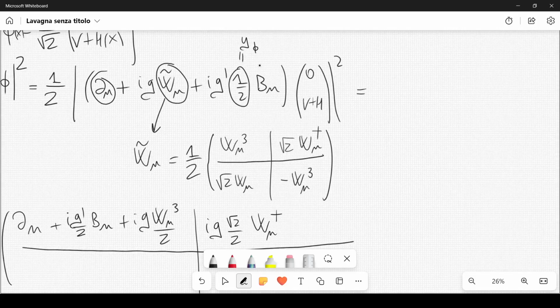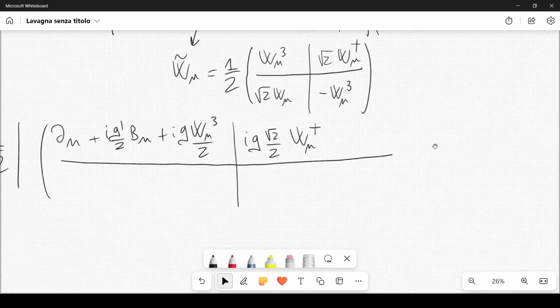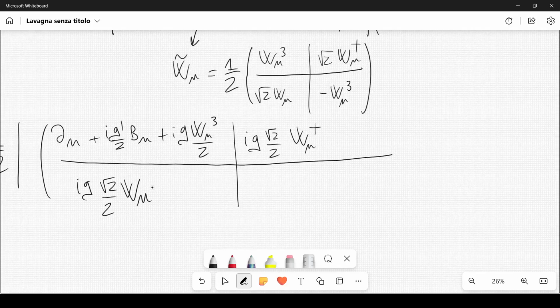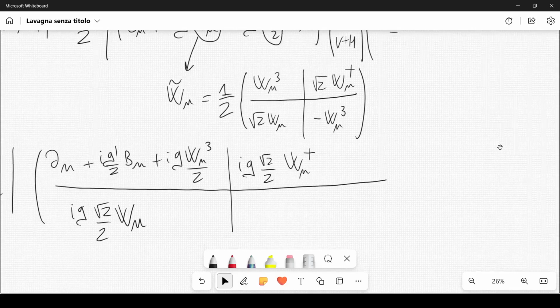But since these are multiplied by the identity matrices in 2 dimensions, we only have this contribution multiplied by 1/2, and of course i g in this second column. Down here we have i g square root of 2 over 2 W mu, like this.